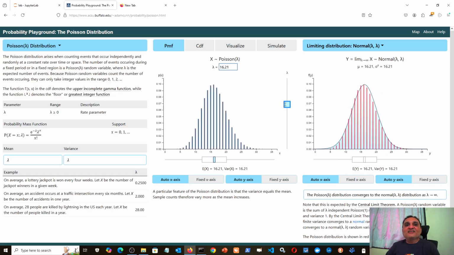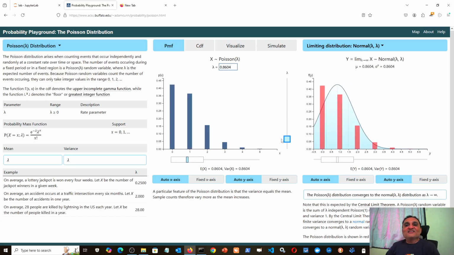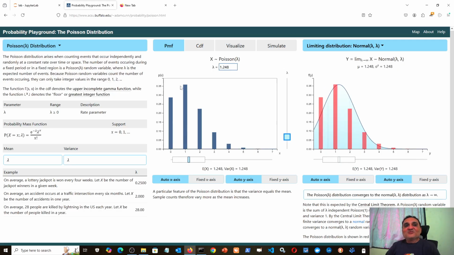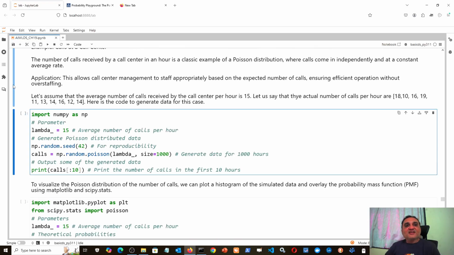It looks almost like a normal distribution, but as I go to this side, you can see the tail is getting longer and longer. This curve on the right side shows how the tail is varying. Otherwise, it is just a histogram, like this. So this is the Poisson distribution. So I can estimate the number of prospective calls, and accordingly I can hire employees so that my salary bill is not excessive, and at the same time my customers do not have to wait for a very, very long time, right? So that is one example.